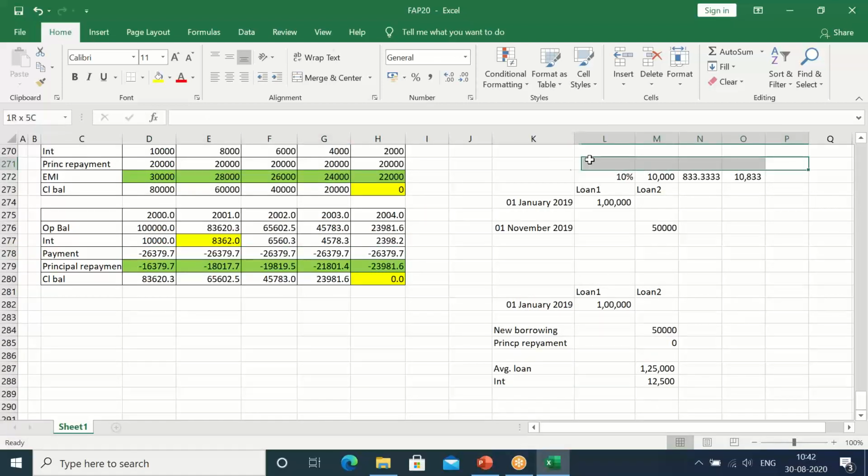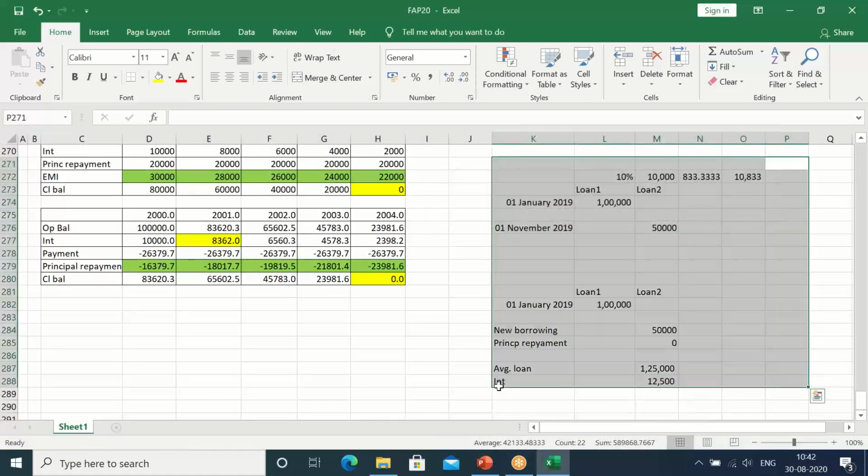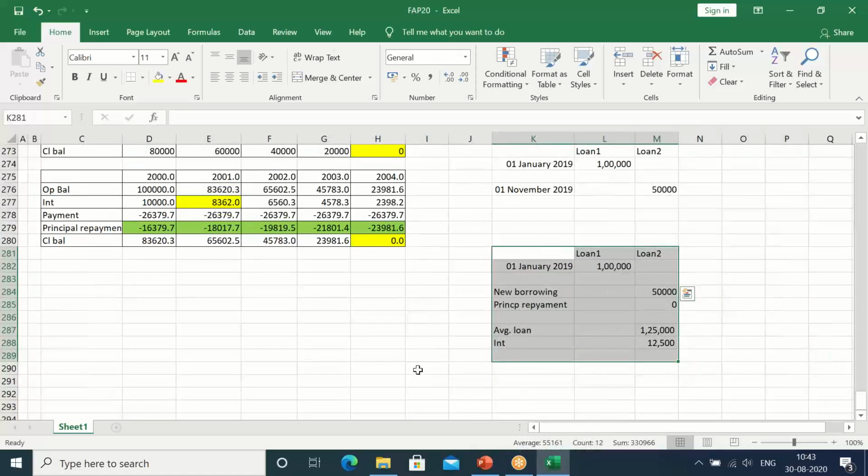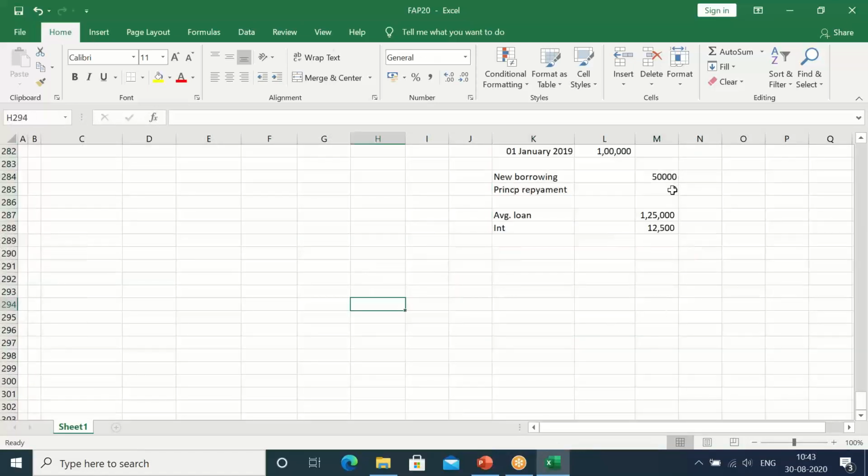And now we have also understood how we compute the interest, especially when dates are not given to you. Similarly, if there was a repayment, let's assume a repayment of 10,000, that will also get divided by 2.